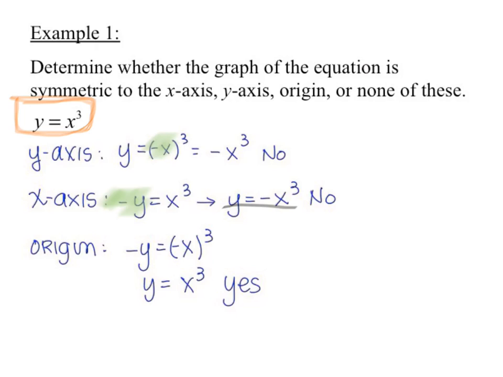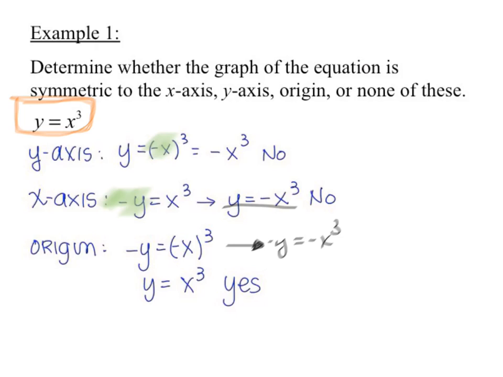But if we do both things and then multiply by negative 1, now here we could say that simplified this, we would have multiplying everything by negative 1. After we evaluate, take away the parentheses, we have negative y equals negative x cubed. Okay.